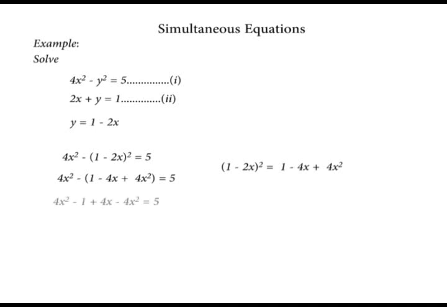We get 4x squared, if we open that bracket, minus times 1 is minus 1. Minus times minus 4x is plus 4x. Minus times plus 4x squared is minus 4x squared, and that is equal to 5. So we get minus 1 plus 4x is equal to 5. 4x is 6 and x is equal to 3 over 2.